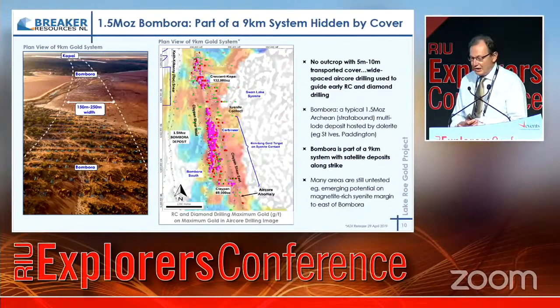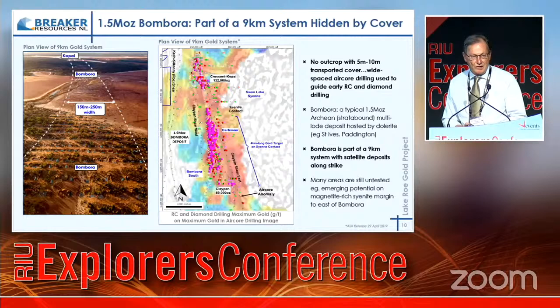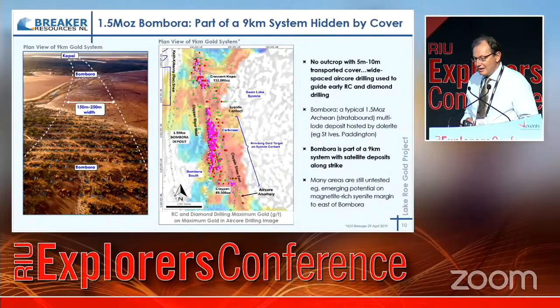This is what it looks like. You're looking at a 9-kilometre gold system. On the left, there's not much sticking out of the ground, but the mineralised zone that the initial pit will target is 150, 200 metres wide. Fantastic. The drill holes you see on the right are RC and diamond holes, colour-coded by max downhole gold.